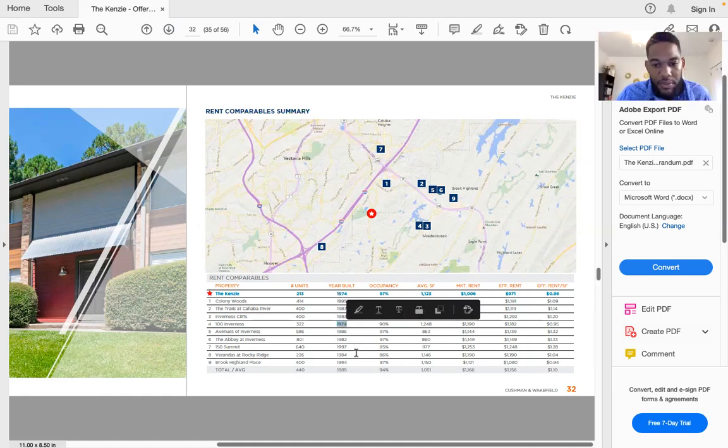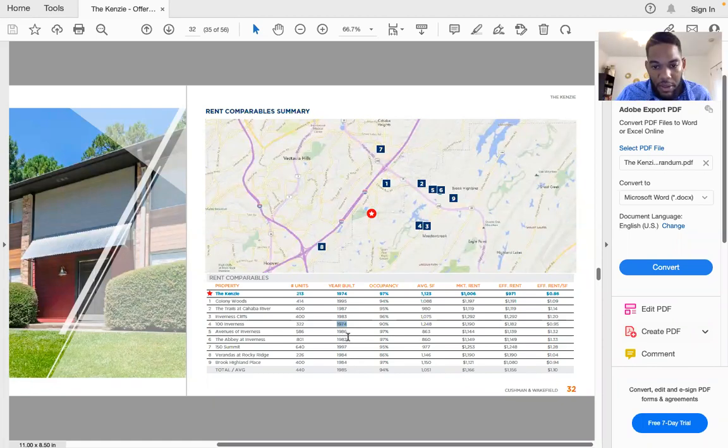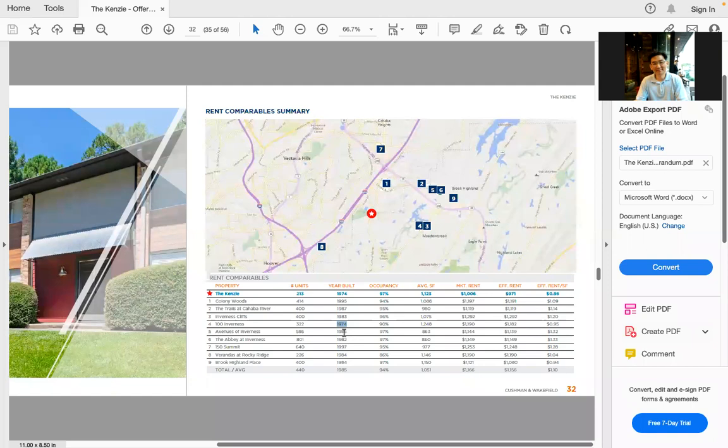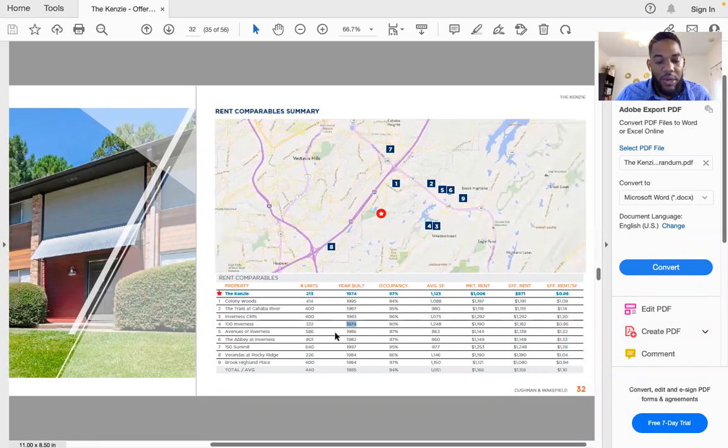But then for the rest, it's all newer, so the rents are probably going to be higher because it's newer, right? Agreed. There's a bias there to make it look rosier, I think. So you're thinking maybe some of these photos, we may not be as competitive as these newer properties, right? So we definitely have to consider that year built when we're trying to see where we're going to take rents.